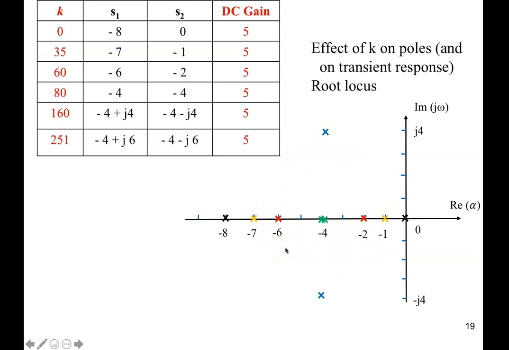All the other possibilities with different k's, because k can be any value between 0 to infinity, so the possibilities for closed-loop poles are infinite. But they follow certain paths. They do not just appear at any random location. They follow the path in the way that it has to stay on that line. Okay?